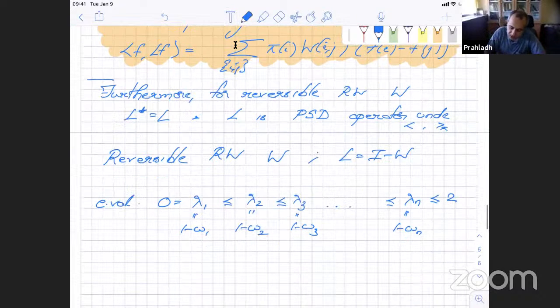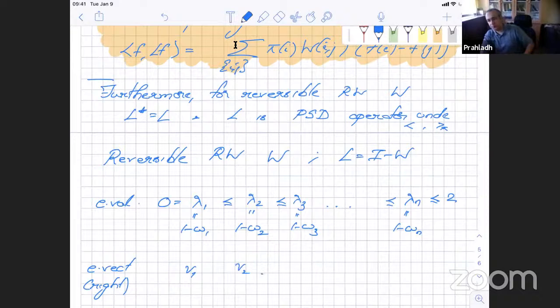The eigenvectors, as usual I'm talking about the right eigenvectors, are the same as we had for the random walk. Is this okay so far?